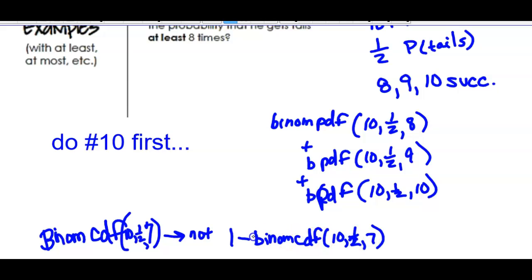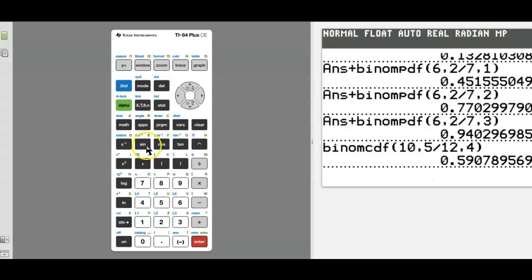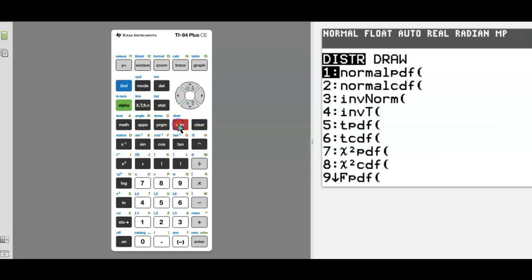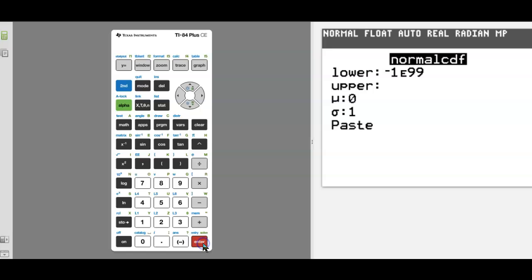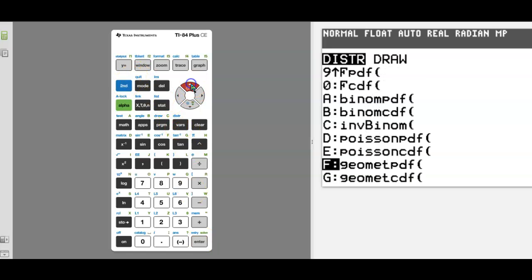Okay, so what's the chance that it doesn't happen 7 times? So if I'm doing it as a combined probability, sorry, it's binomial, not normal.